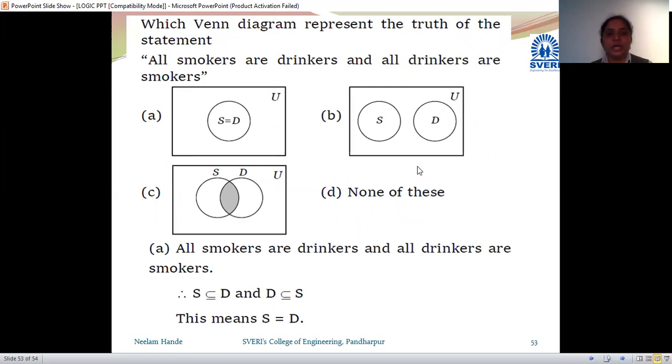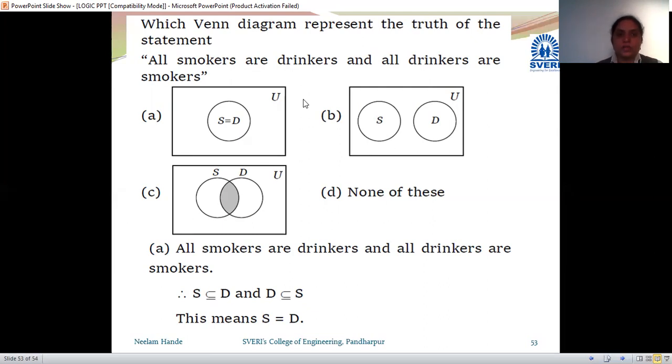Okay, next. Which Venn diagram represents the truth of the statements: all smokers are drinkers and all drinkers are smokers? All smokers are drinkers, so there are two sets, one is smokers, one is drinkers. Those who smoke, drink. And those who drink, they all are smokers.